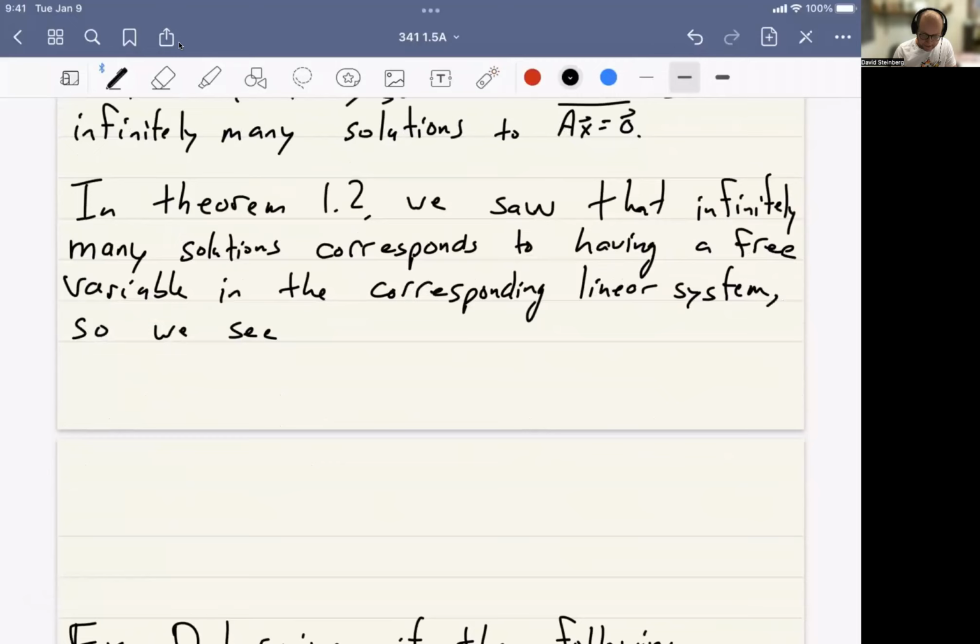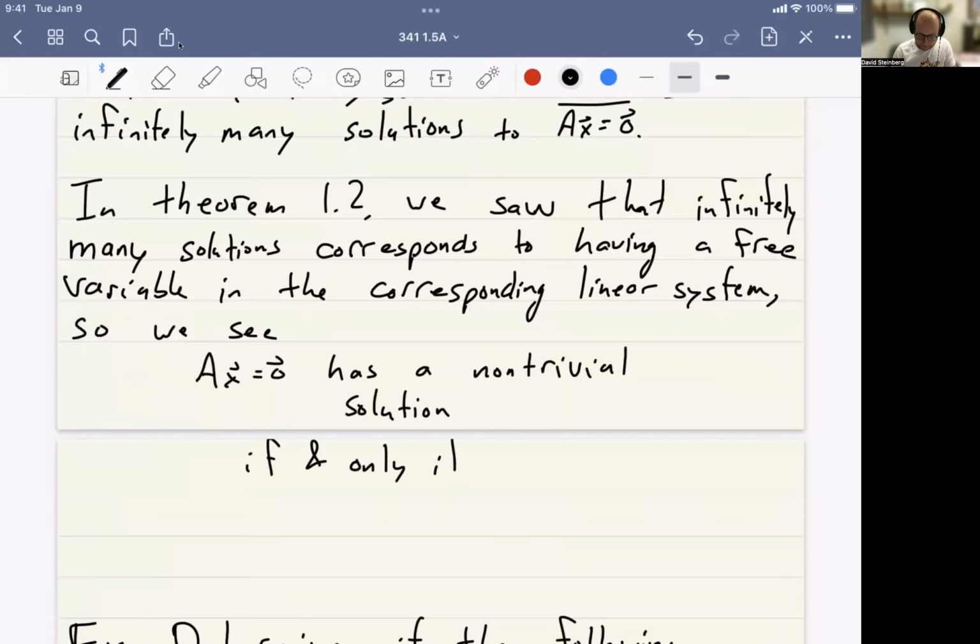The homogeneous equation AX is equal to 0 has a non-trivial solution if and only if there's a free variable in the corresponding linear system.